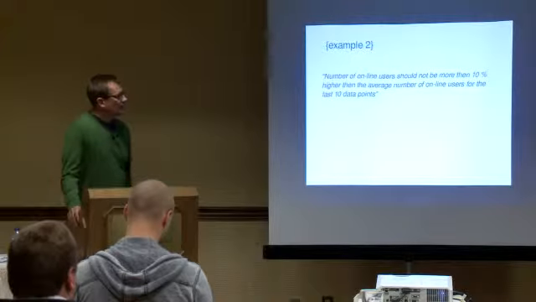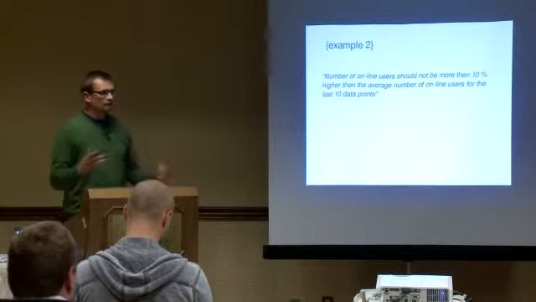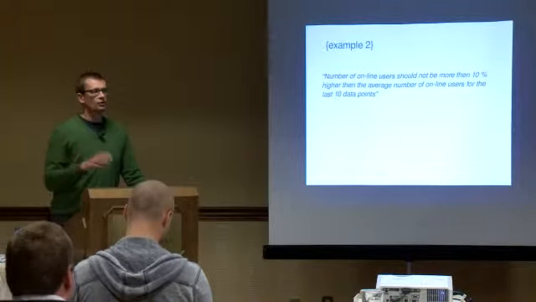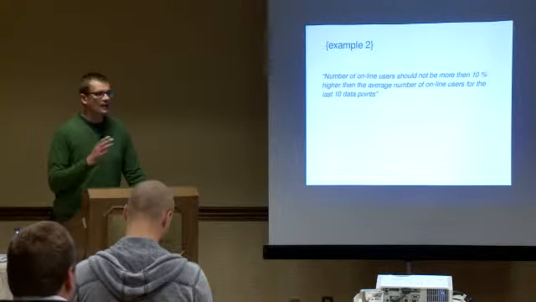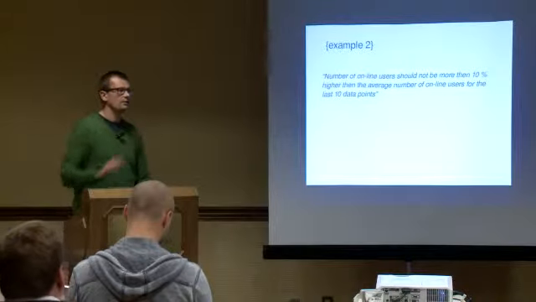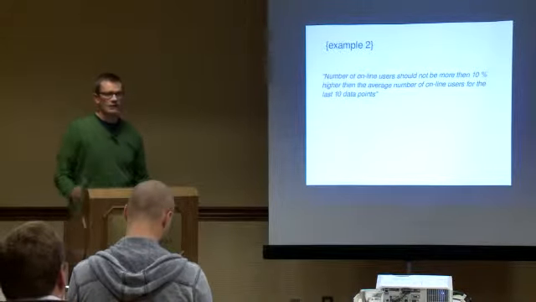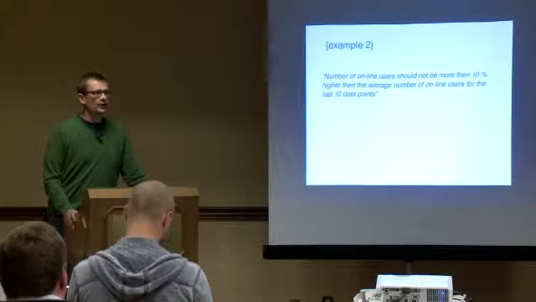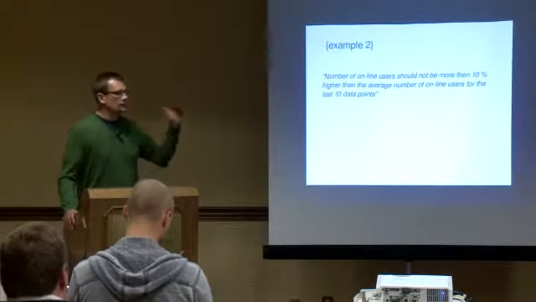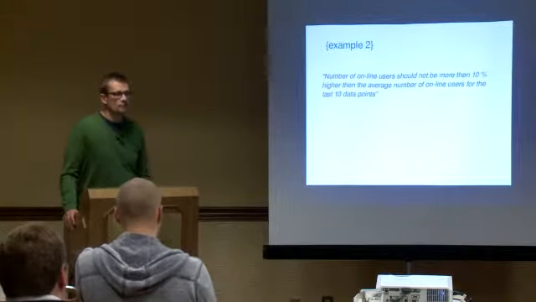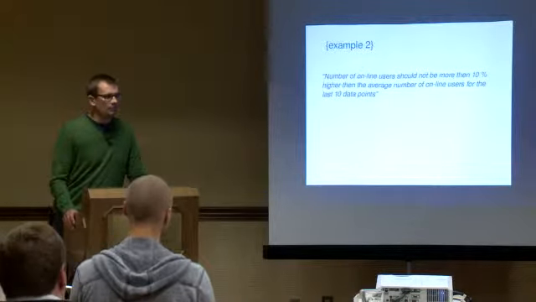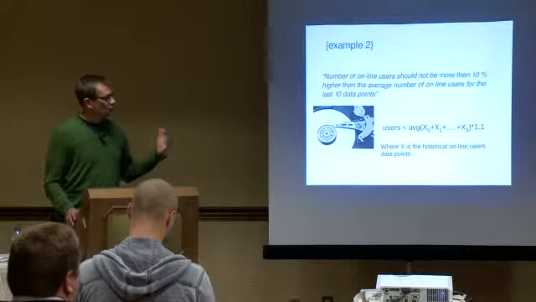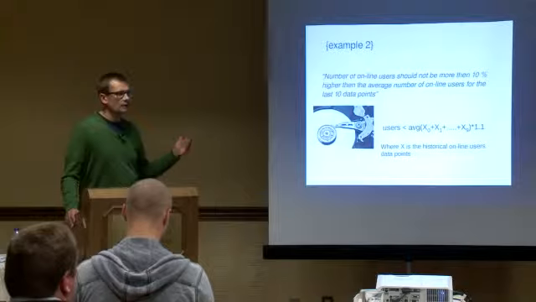The next example is that we have some sort of system with a number of online users that should not be more than 10% higher than the average number of online users that we had for the last data points when we collected how many online users there were. So let's say we have a 5 minute interval between collections. That means I want to look back at the latest 50 minutes to understand how many online users I had. And again, we need to store the data that we collect.